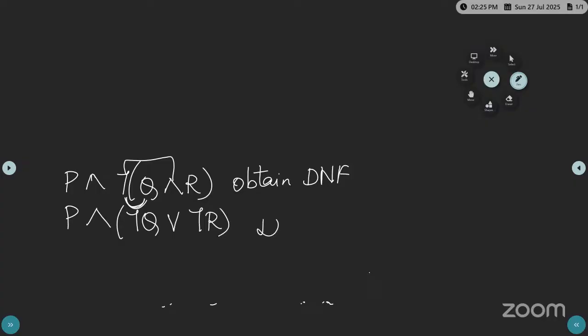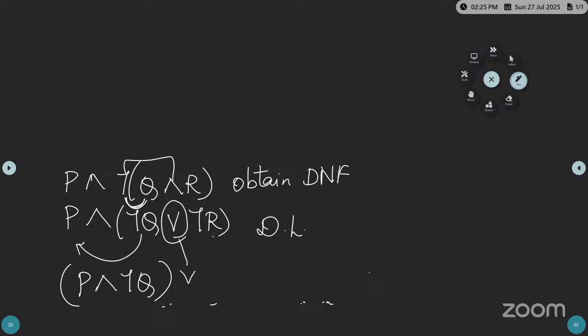According to distributive law, you are going to distribute like this. P and negation Q. There is R in between them, so R will come here. So this negation R will come here. P and negation R. So there is and, there is R in between them. So this is the DNF.